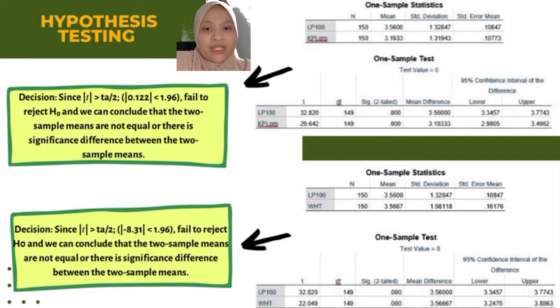For the first sample, since negative 8.31 is less than 1.96, we fail to reject H0, and we can conclude that the 2 sample means are not equal, or there is a significant difference between the 2 sample means. For the second sample, since 0.122 is less than 1.96, we fail to reject H0, and we can conclude that there is an insignificant difference between the 2 sample means.